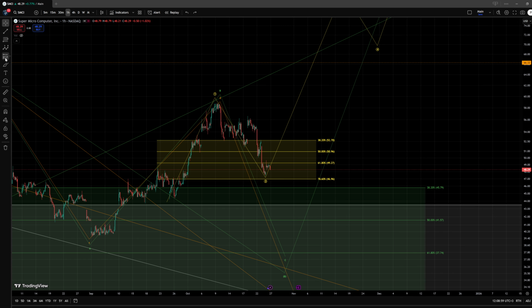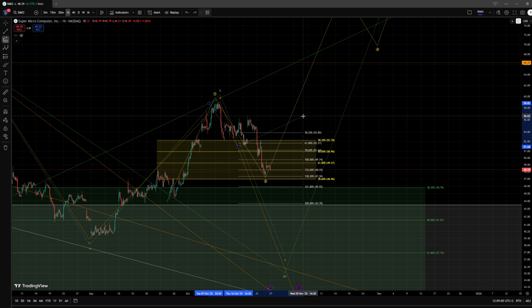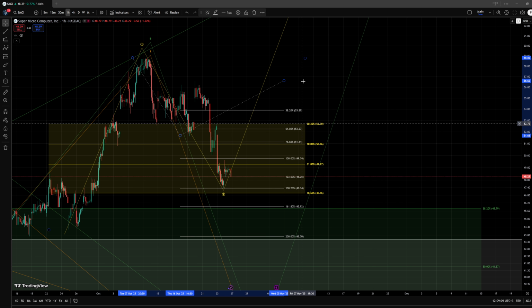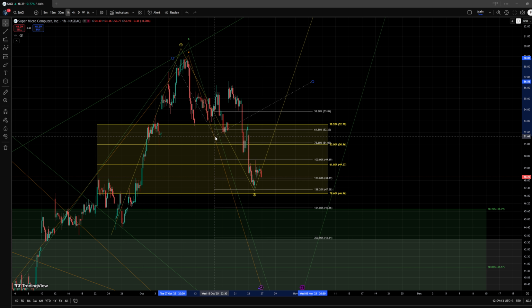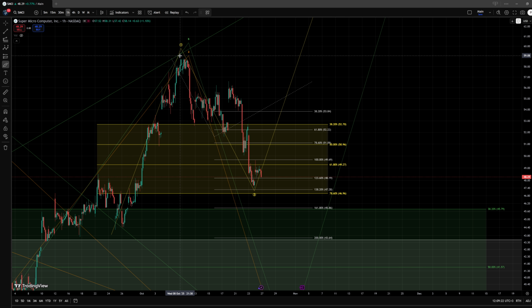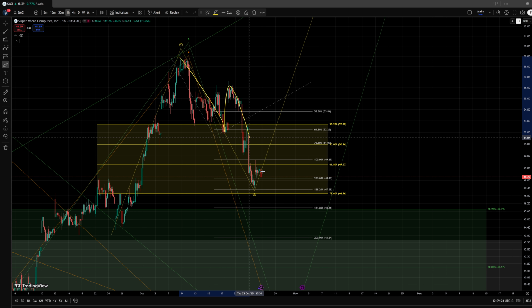Here we do have, after all, we could consider that this is something like an ABC pattern, but we do need to keep in mind and be aware that within this wave C to the downside, we pretty much reached the 138.2% extension, not quite, but very close. And that is a sign that this could be instead something like a 1-2-3 that could be developing really in this area.